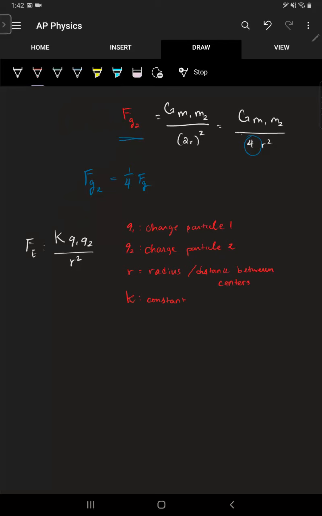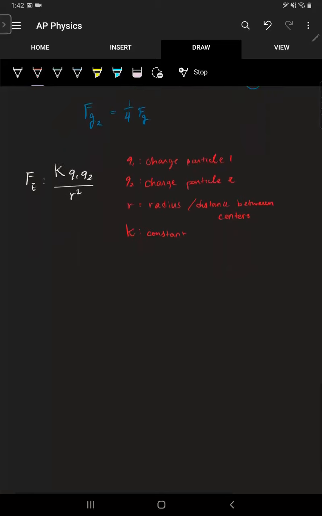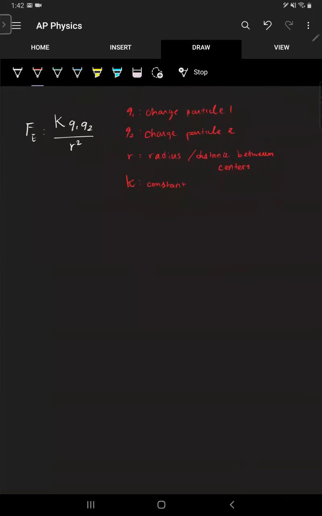So, knowing all this information, we have the ability to calculate electrical charges, the force on electrical charges, attraction and repulsion, as well as the force of the gravitational phenomenon for anything with mass.